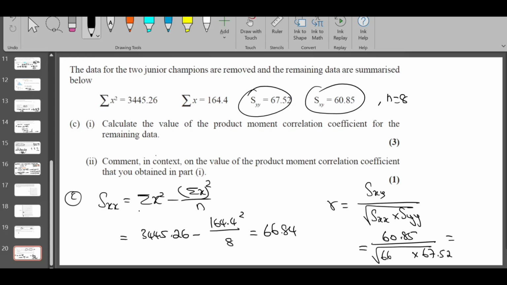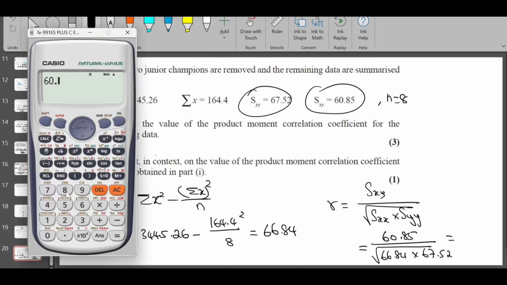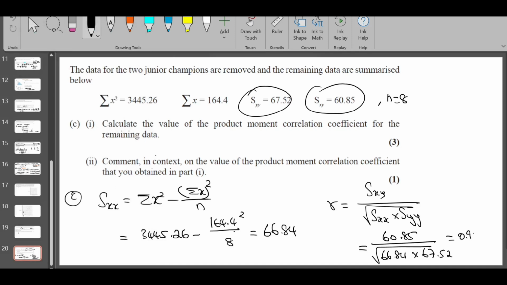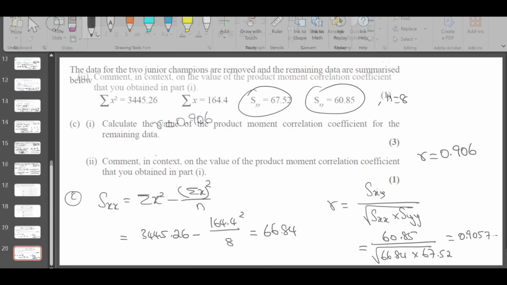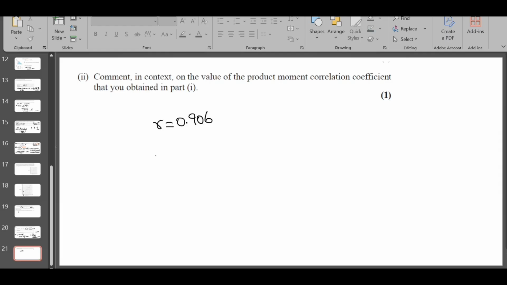So use 66.84 here. 60.85 over, that's SXY, square root of 66.84 times 67.52, is 0.9057, and then round it to 3 significant figures: 0.906. Okay, part (ii) now.